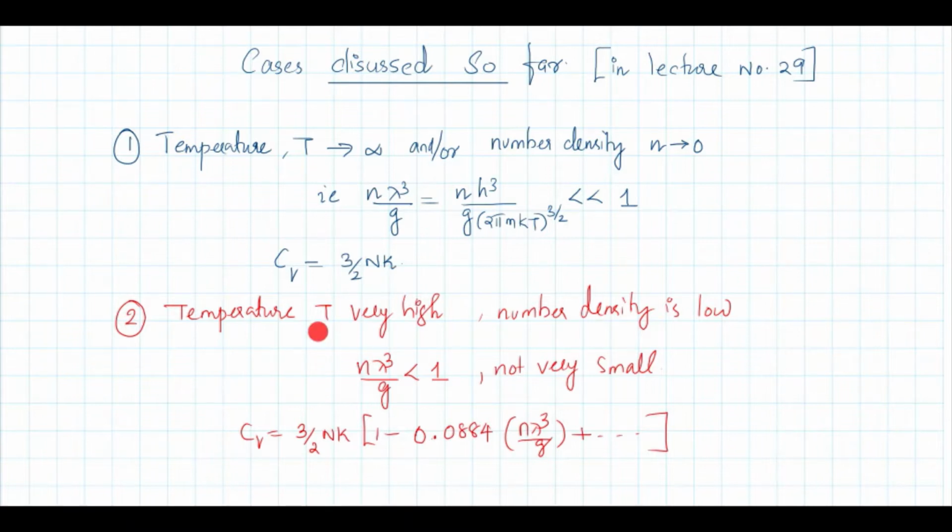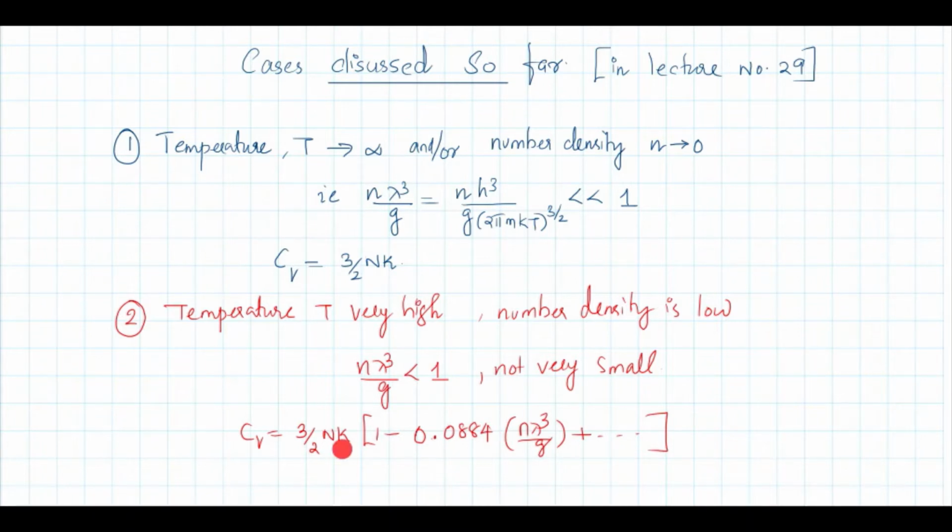The second case was when temperature T is very high, not infinitely high, and number density is low. Then n lambda cube by g is less than 1, not very small, but simply less than 1. In that case, Cv was 3 by 2 nk into (1 minus 0.884 n lambda cube by g plus etc.).